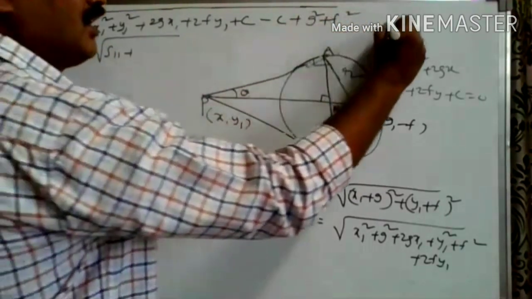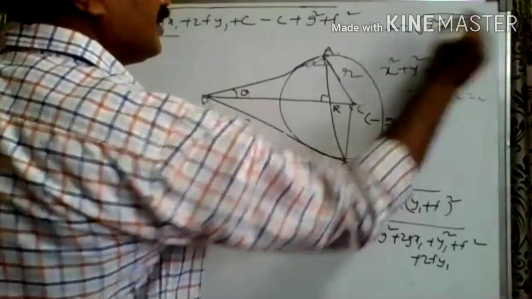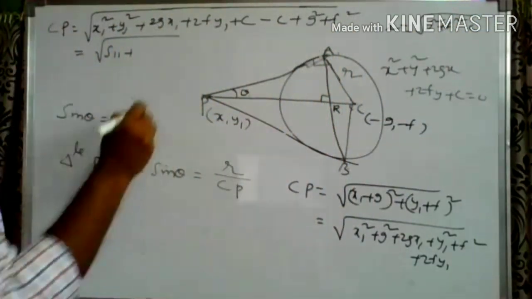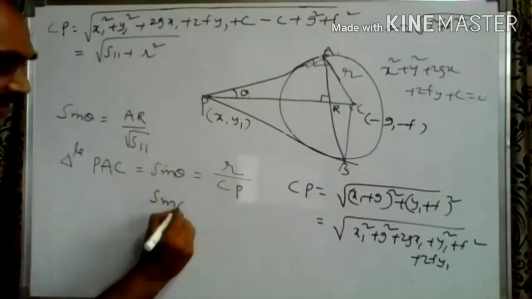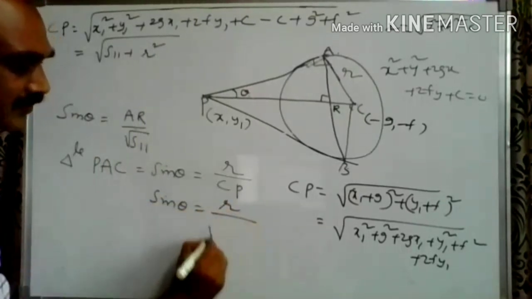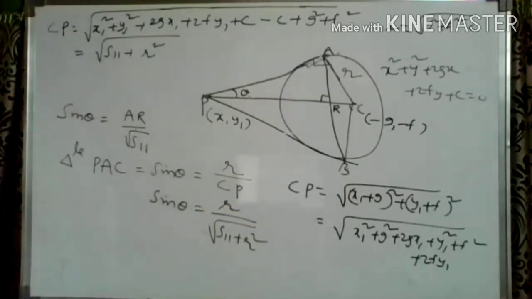R is equal to root of g square plus f square minus c, so g square plus f square minus c is equal to R square. So CP is root of S11 plus R square. Therefore, sin theta is equal to R by root of S11 plus R square.